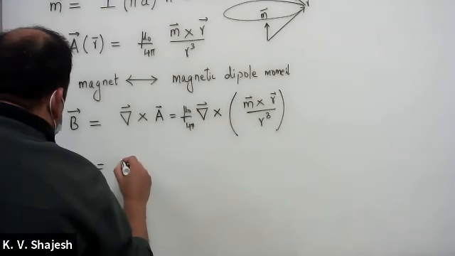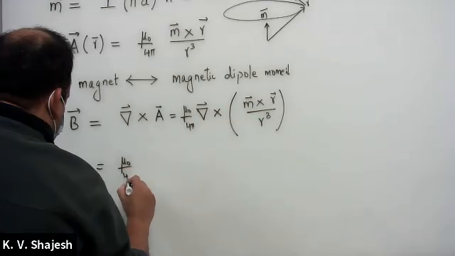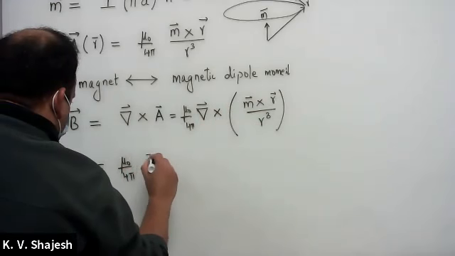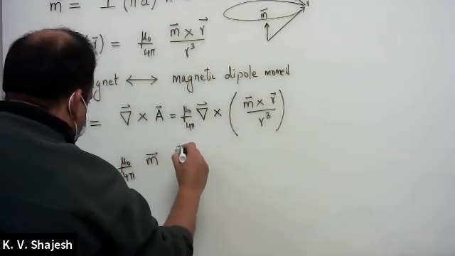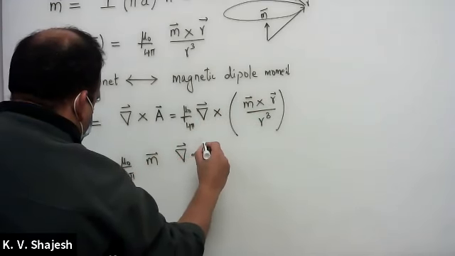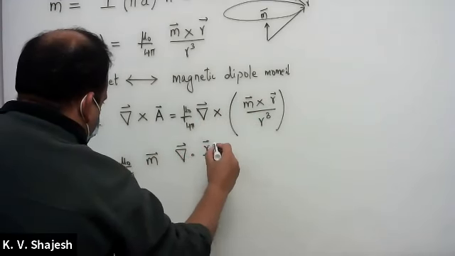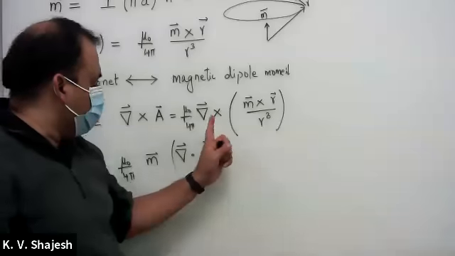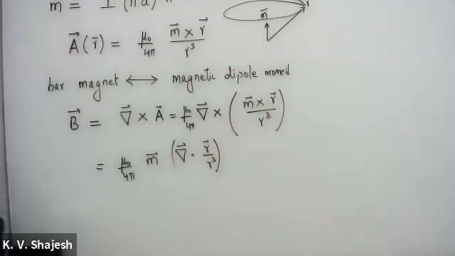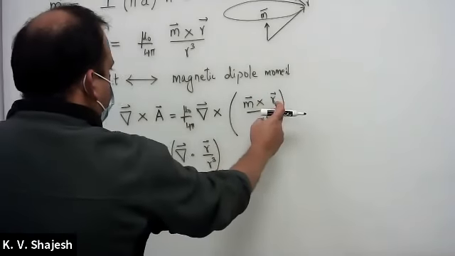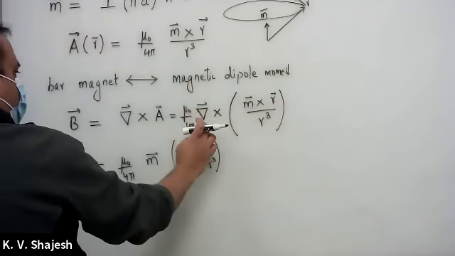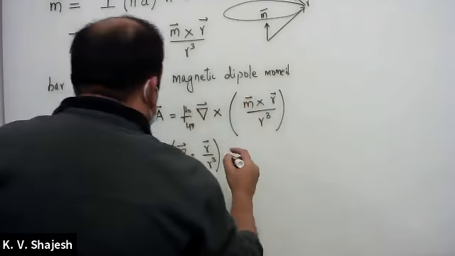And that's equal to mu naught over 4 pi times M, and the divergence of R over R cubed. That's your 3 vectors. The center one is M. That's one of the vectors. And the second one is in the direction of R, but then I have to act this gradient still on that.